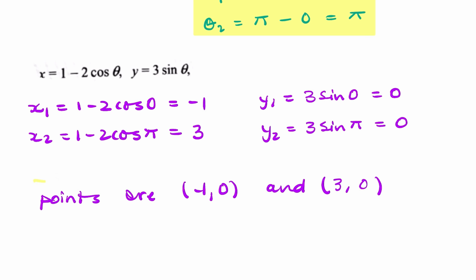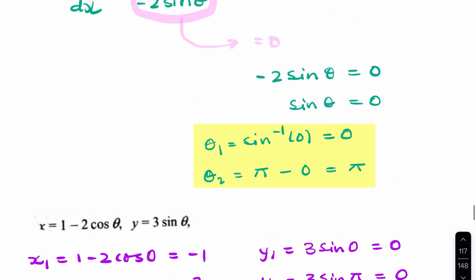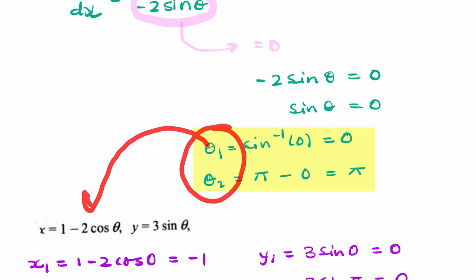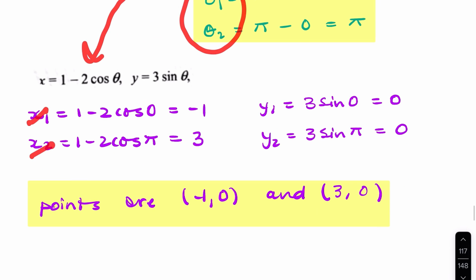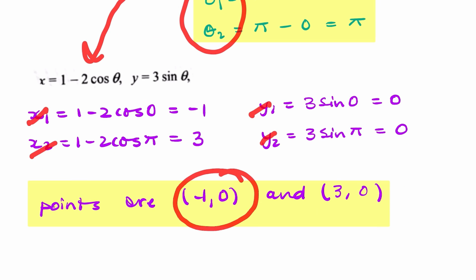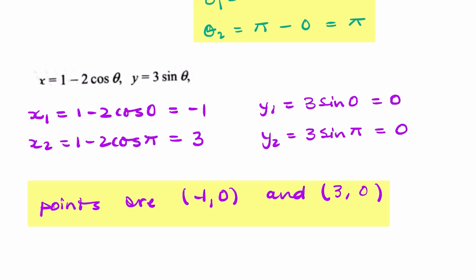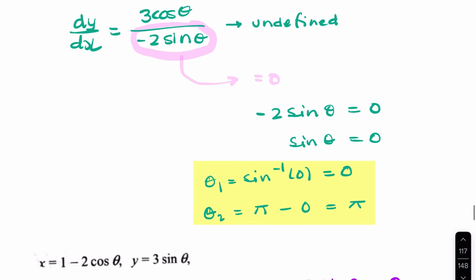And that really would be your final answer for part B2. So it isn't enough to find theta. We need to substitute theta to find the x's and y's, and then you write them in this way. So that would be your final answer.